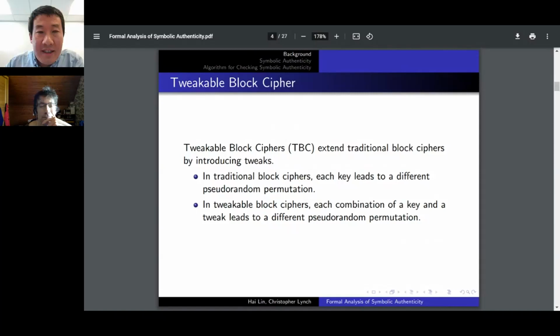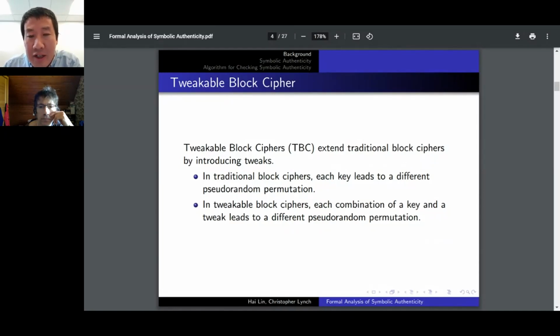So first, what is a tweakable block cipher? Well, tweakable block ciphers extend traditional block ciphers by introducing tweaks. So in traditional block ciphers, each key leads to a different pseudorandom permutation. In other words, if you want to get a different pseudorandom permutation, you have to use a different key. Well, in tweakable block ciphers, we introduce another dimension called the tweak.